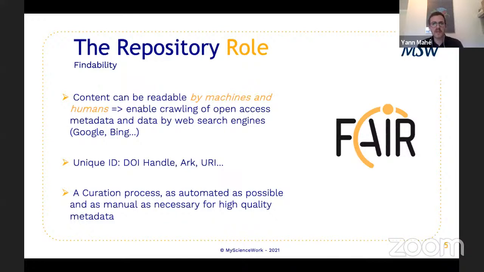Of course, you can be indexed by external search engines, very famous ones like Google, Bing, or Baidu, or others. And the other important thing on this findability part is the need for repositories to propose and to support the OAI-PMH protocol, so that you can allow metadata harvesting by other systems.